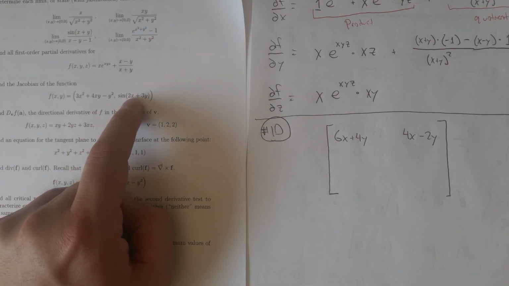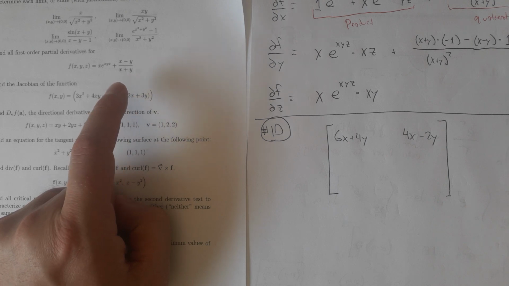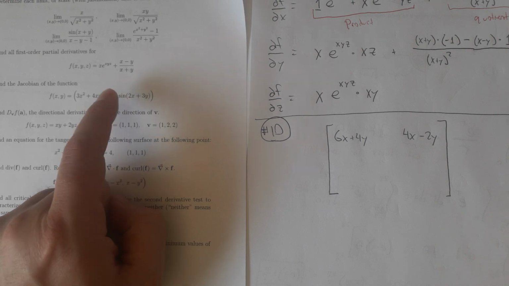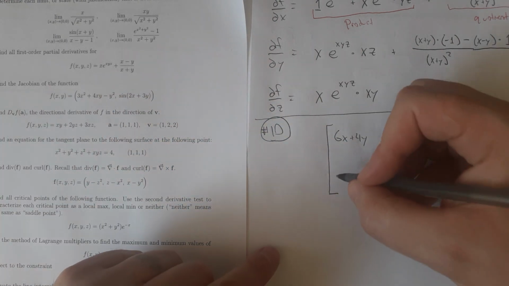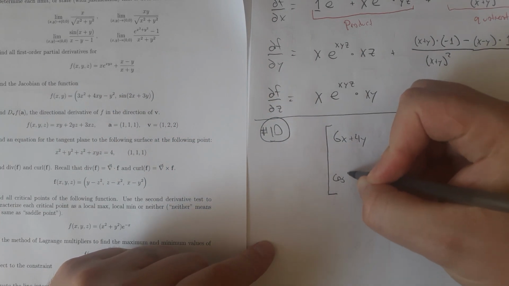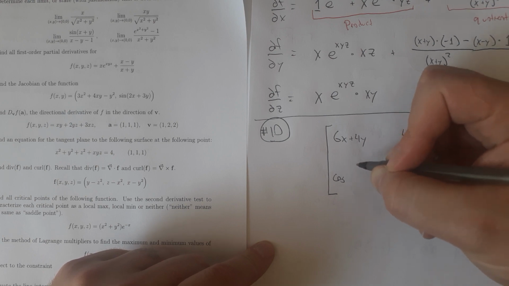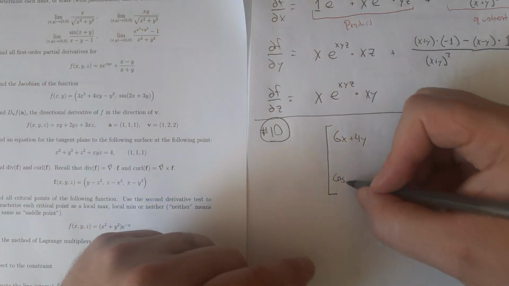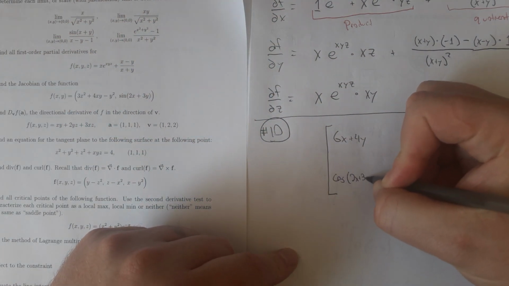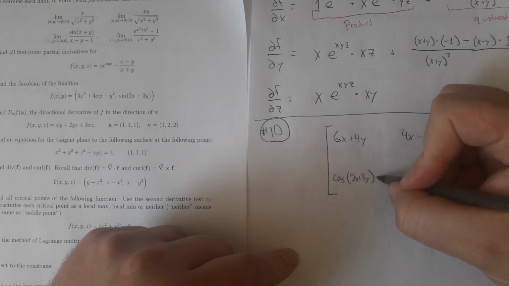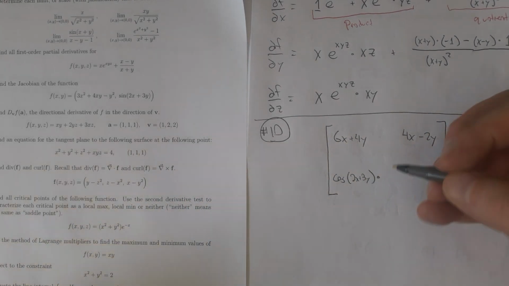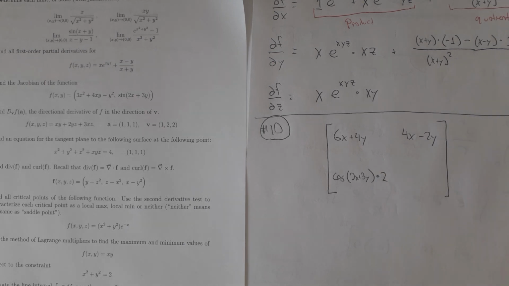I'm going to need the chain rule here. To do the derivative of this with respect to x, first I do the derivative of the outside part, so that's a cosine, cosine 2x plus 3y, times, because I'm doing the chain rule, the derivative of the inside with respect to x, which is 2.